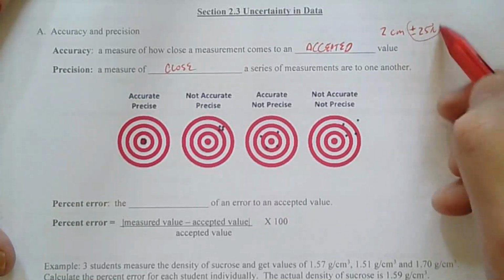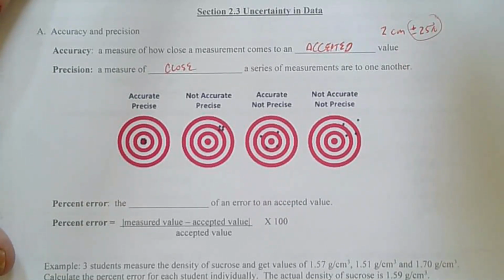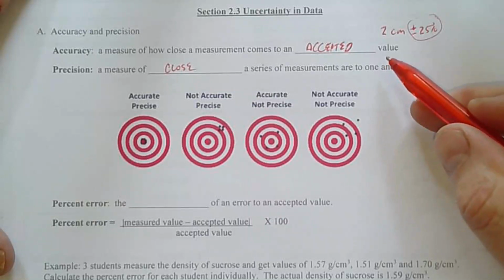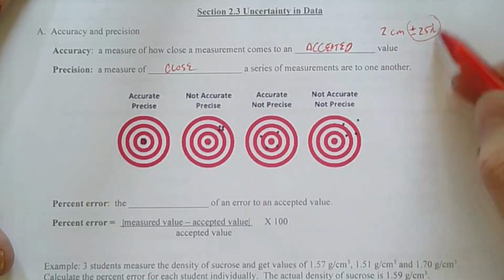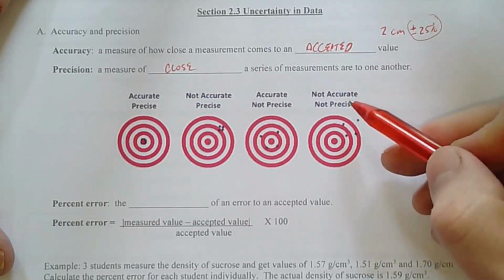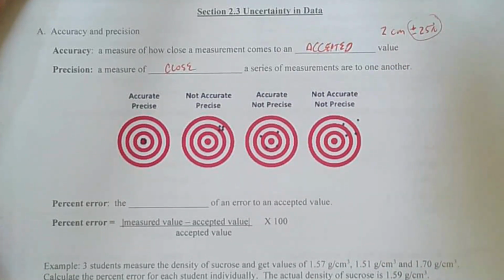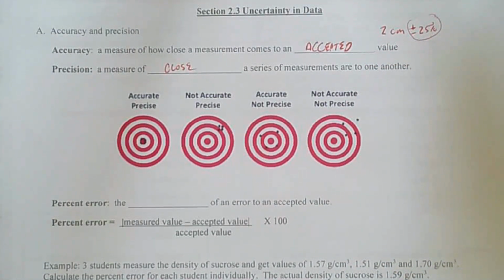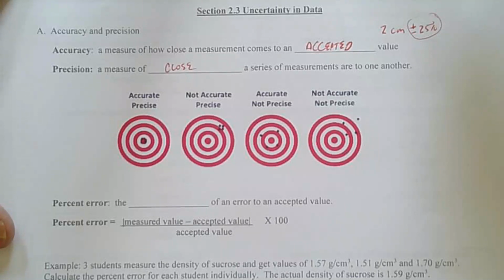You're going to need some sort of way to determine whether something's accurate or not. In class, I'm not going to say, hey, is your lab measurement accurate or not? You're going to have to be given some information as far as how close would be considered to be accurate.